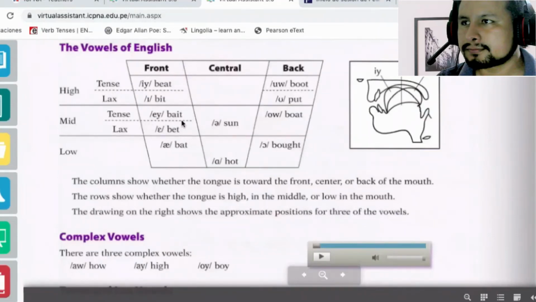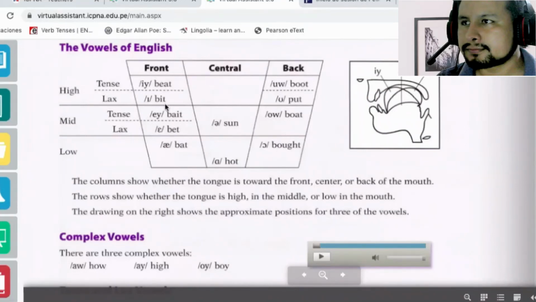When you make the A, now the tongue is in the middle. It's still front, but now in the middle. And when you say, for example, A, now the tongue is low, and front.